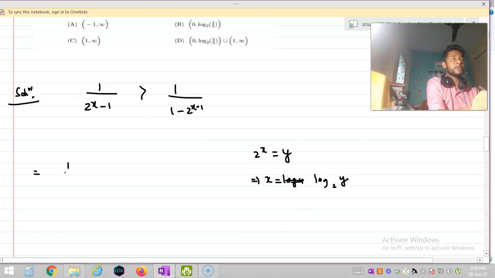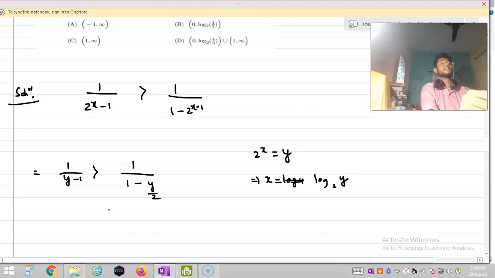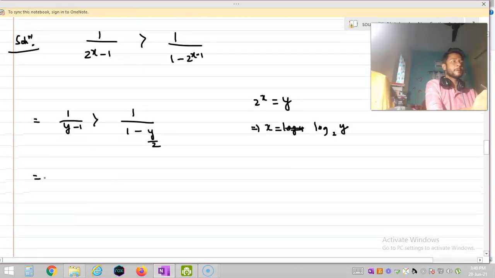Okay, so 1 by y minus 1 greater than 1 by 1 minus y to the power minus 1, right? So this is equal to 1 by y minus 1 greater than 1 by 1 minus y by 2. So this is equal to 1 by y minus 1 greater than 2 by 2 minus y, right?